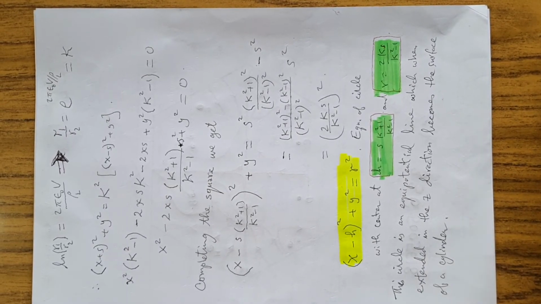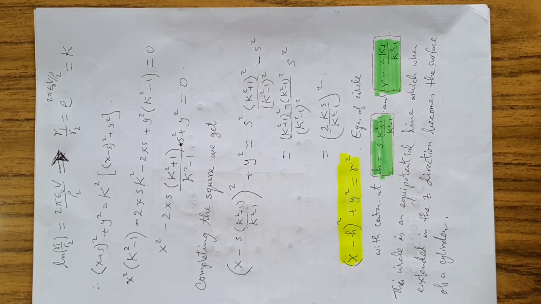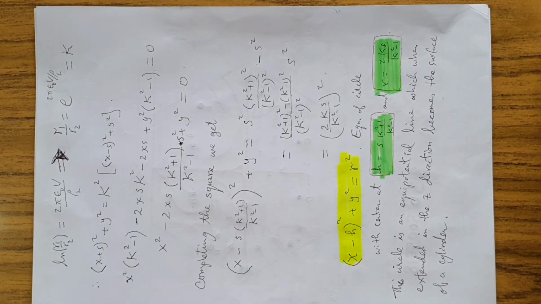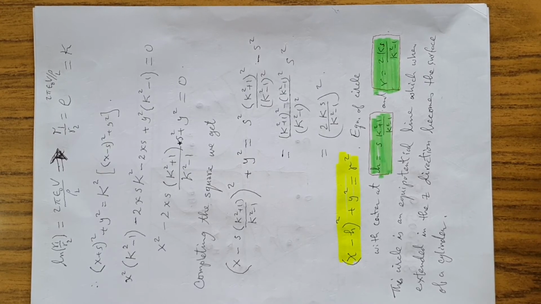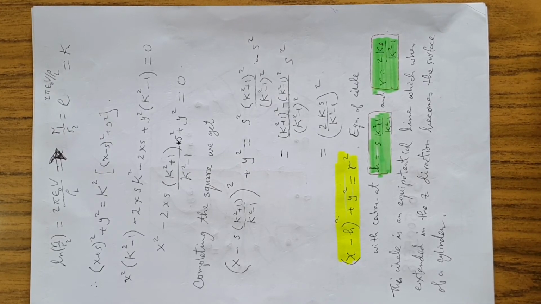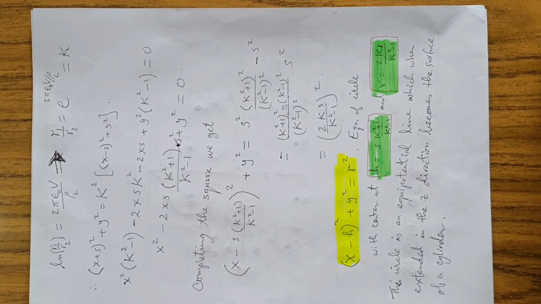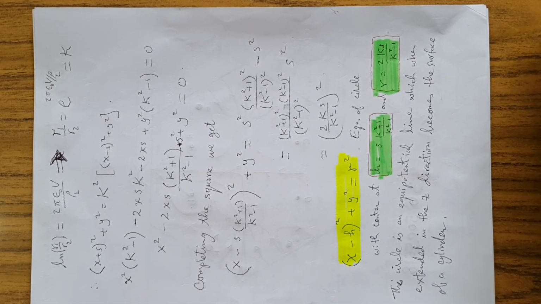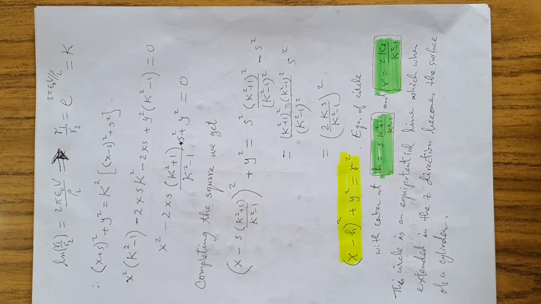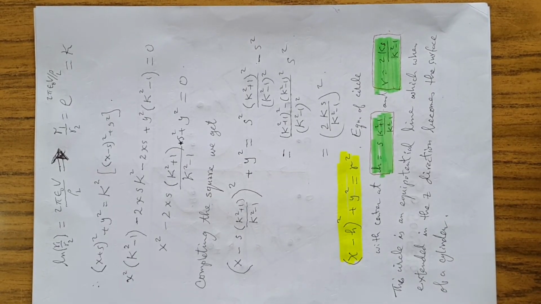Here, if V is a constant, we have an equipotential surface from this equation. This is an equation in the xy plane. Okay, if you put V constant, it becomes the equation of a surface, which is an equipotential surface.